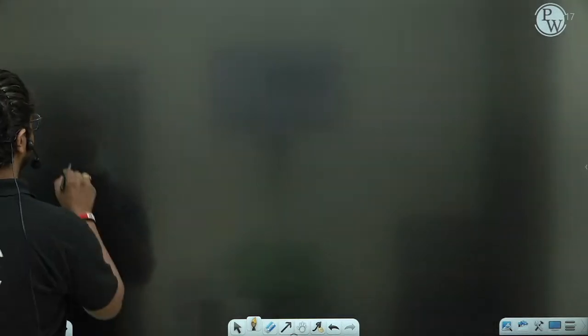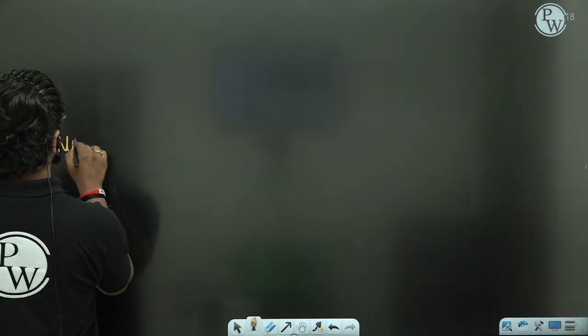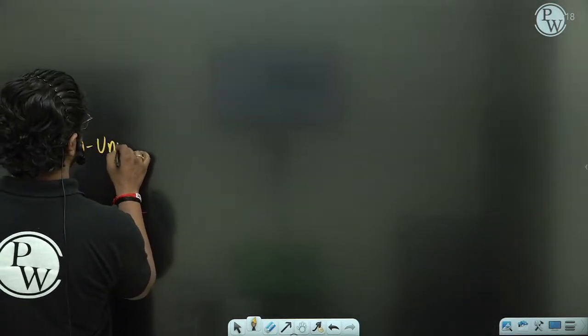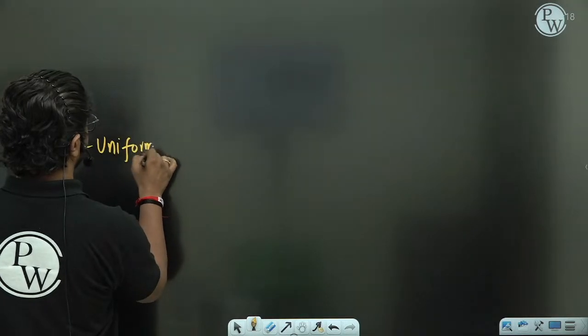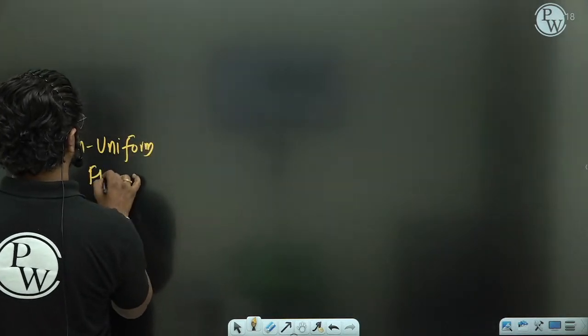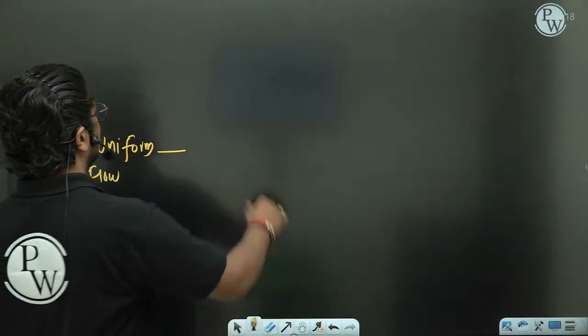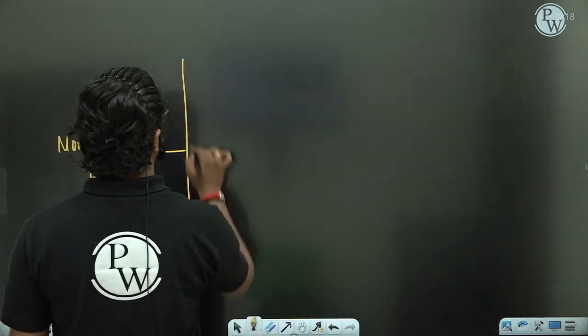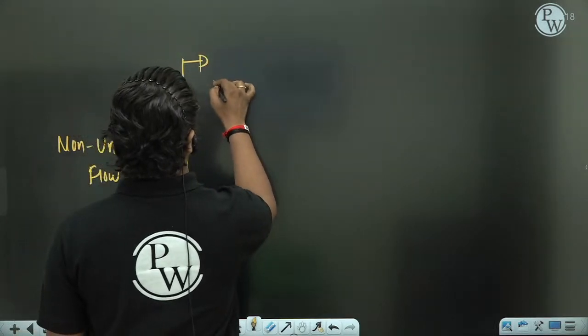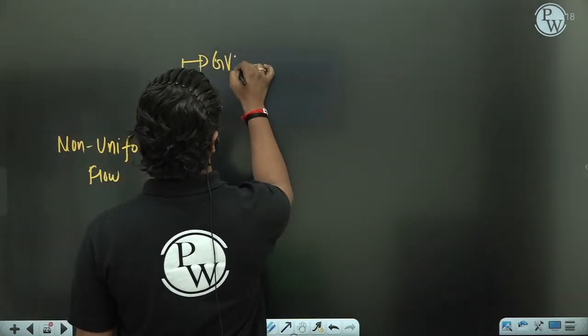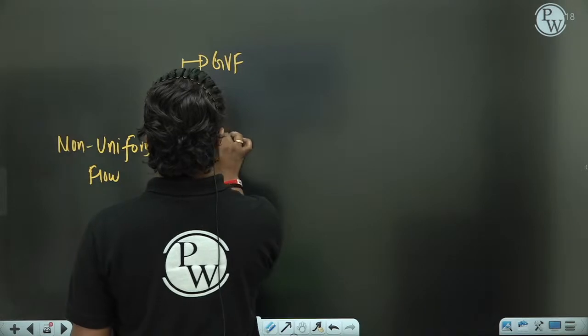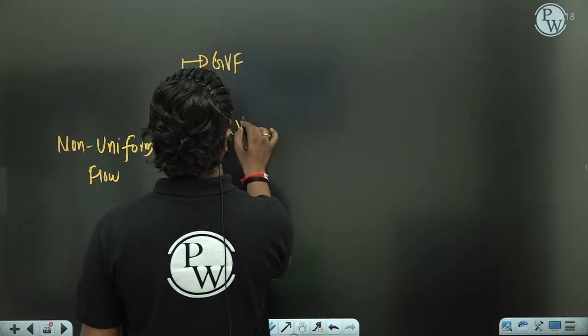Now the second one is the non-uniform flow. In a non-uniform flow, we have different types of non-uniform flow. First we call GVF. Second we call RVF.